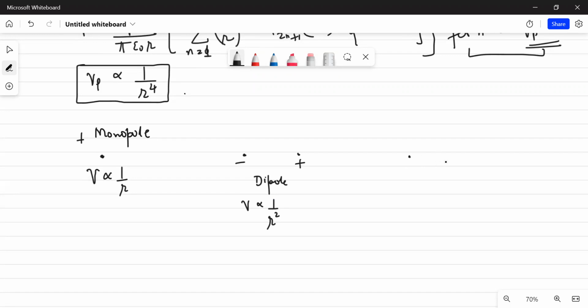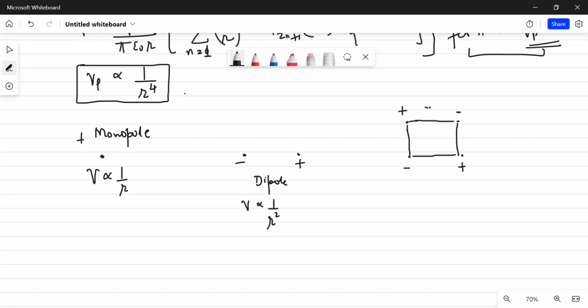If you have a quadrupole arrangement, let's say this is your quadrupole arrangement, negative, positive. This is what he has made. In this quadrupole arrangement you can see there are dipoles.